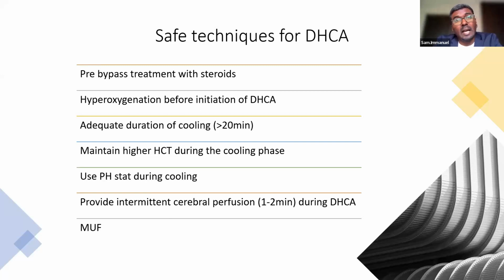Having an uninterrupted cerebral flow, whether antegrade or retrograde, or even an intermittent flow to your brain, also provides a wonderful outcome and protects your neurology. And judiciously using your ultrafiltration, MUF or CUF, can help the patient also.